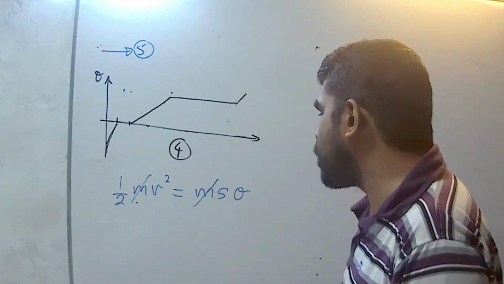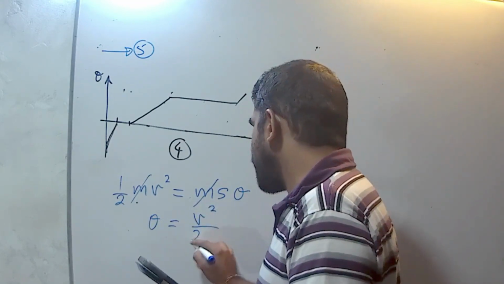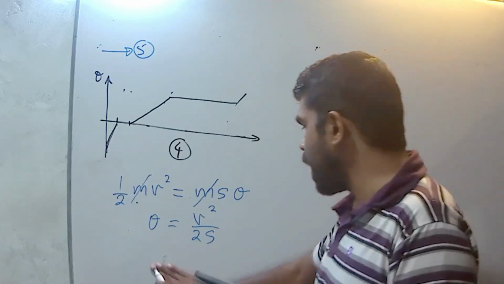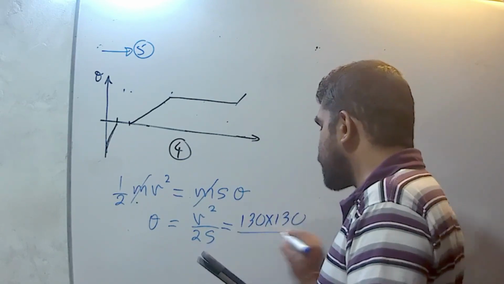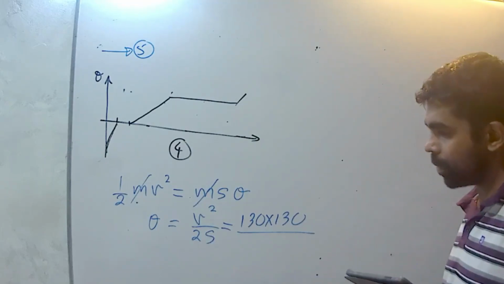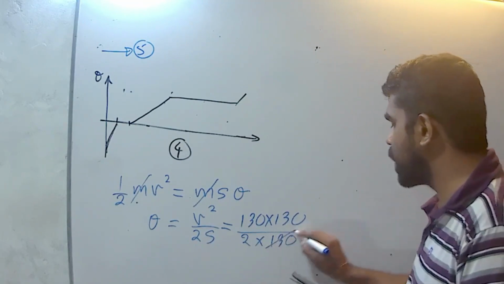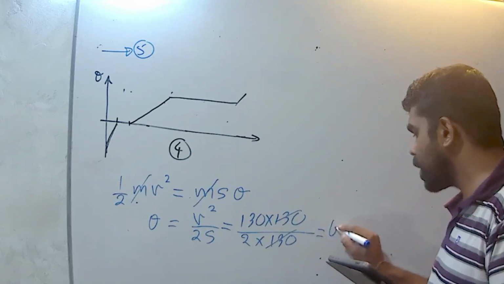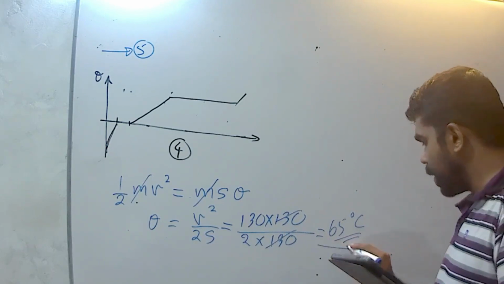To find the increase in temperature, theta equals v squared divided by 2s. V means velocity, given as 130 meters per second, so 130 times 130. We have to divide by 2 times the specific heat capacity, also given as 130. Then we can cancel out 130. 130 divided by 2 means 65 degrees Celsius. Then the answer is 3.